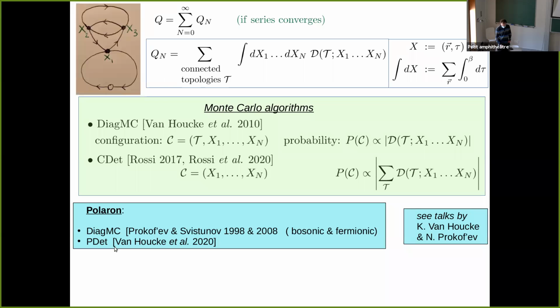And more recently, we also introduced a determinantal algorithm for the fermionic case. And Chris will be talking about that in this program, and also Nikolai will talk about another work on Polarons.